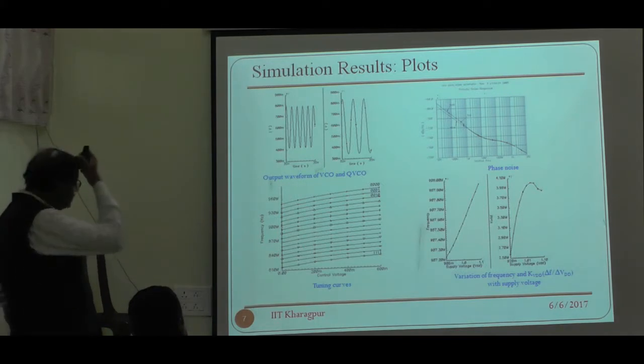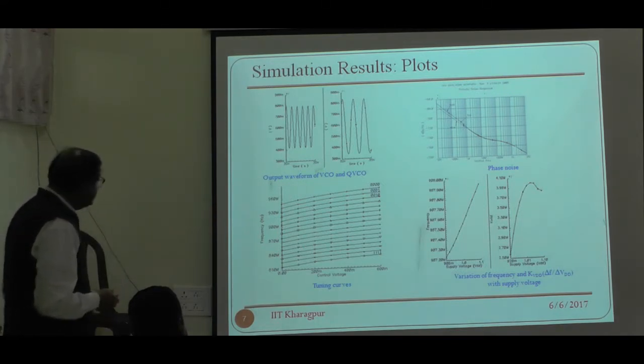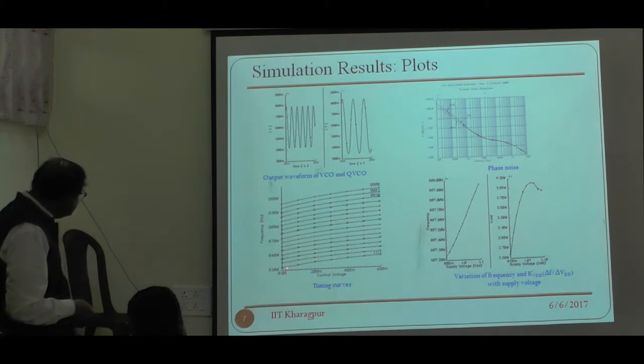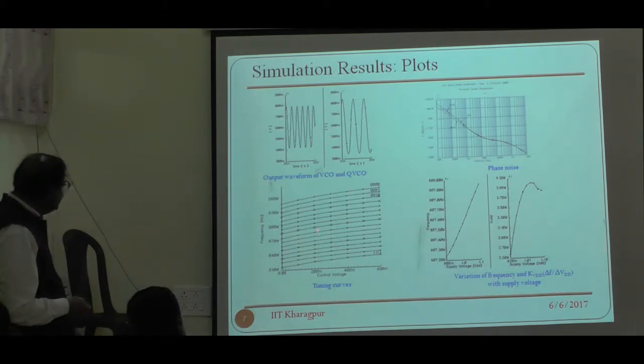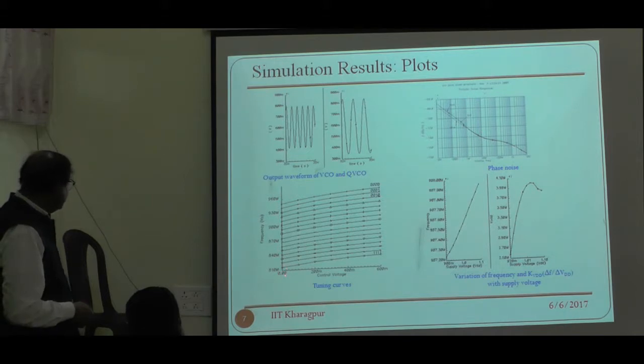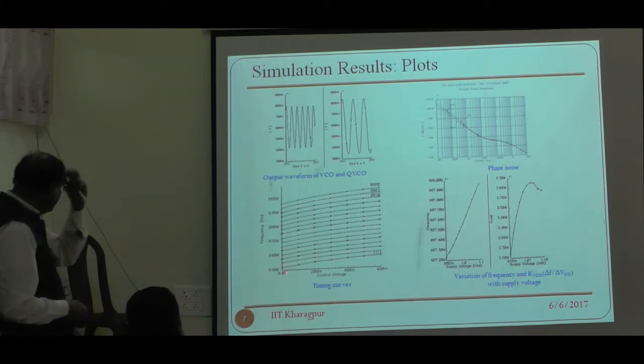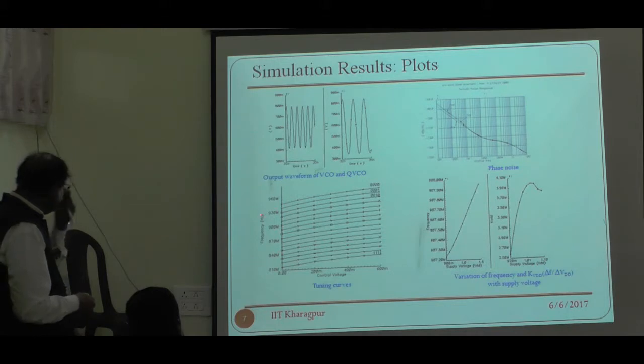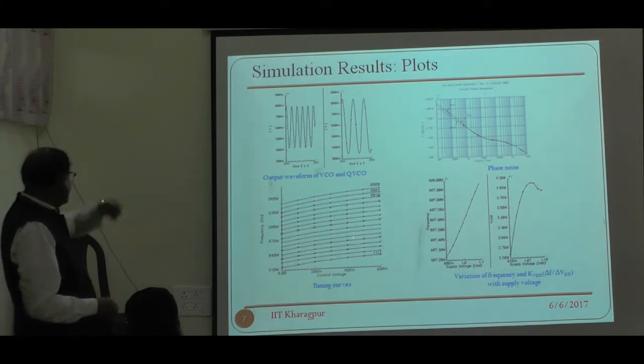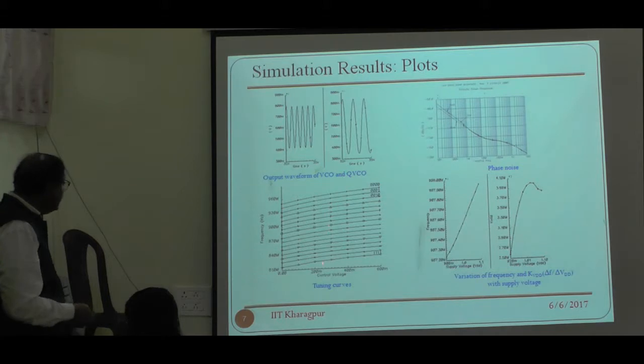So the takeaway is this: if you want to have the variation of the VCO without having any band select capacitance band, then what will happen? You have to vary the frequency from 810 megahertz to 950 megahertz by controlling only the control voltage. Then the KVCO will be too high. But here you have segmented the 810 to 950 megahertz into 16 segments.